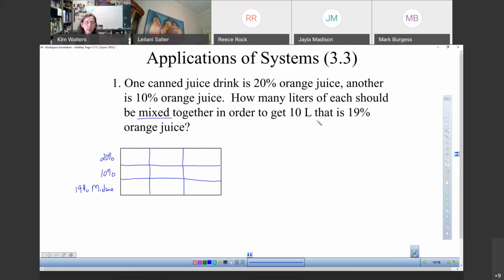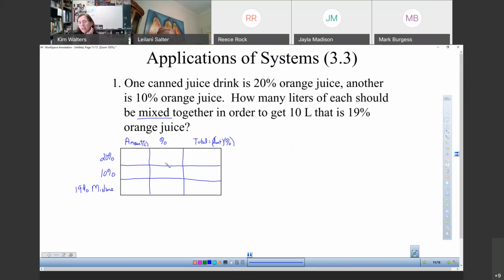So that's what it's telling me here. Now, across the top, I'm going to have amount, which in this case is in liters. So I'm going to put a little L out here so you know it's in liters. I'm going to have percent, and then over here total, which is actually going to be equal to the amount times the percent.